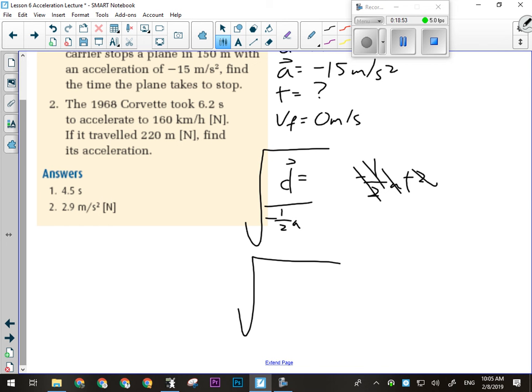So we will have here 150 meters positive on the top, and then on the bottom we'll have negative 1/2 times negative 15. That'll help cancel off the negatives, and I will end up with a positive number for time.